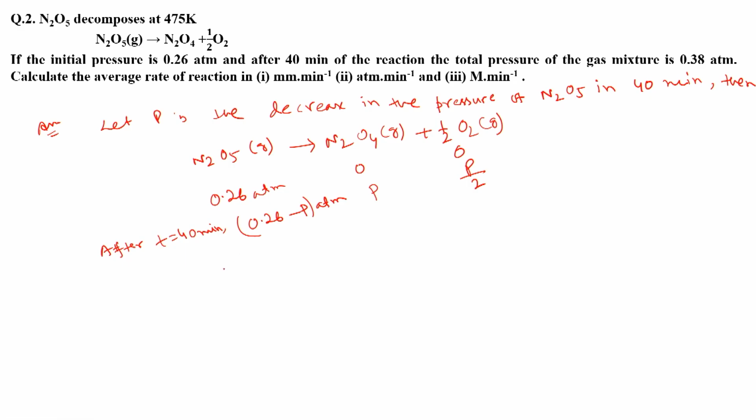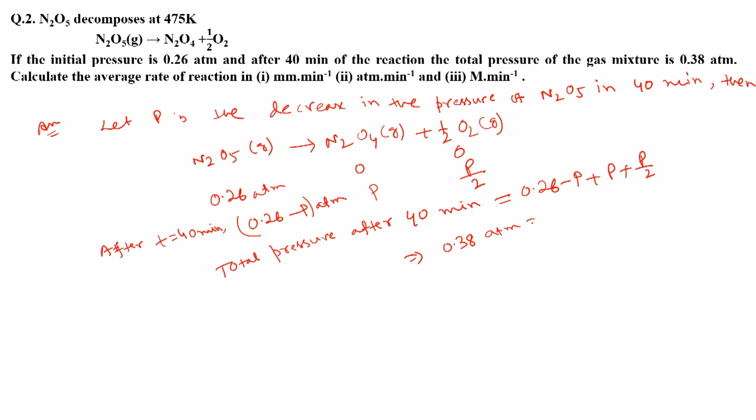Okay, so the total pressure after 40 minutes is 0.26 minus P plus P plus P by 2, and it shows that total pressure is nothing but 0.38 atmosphere.